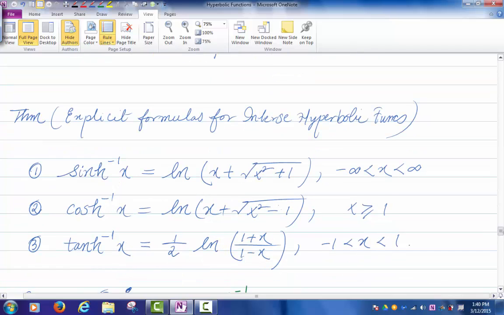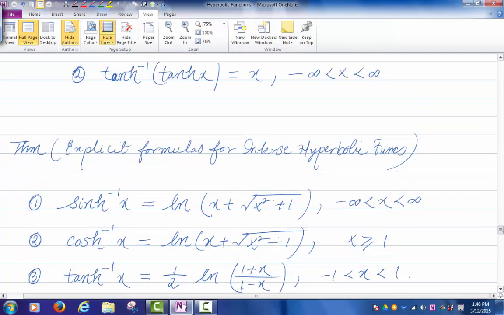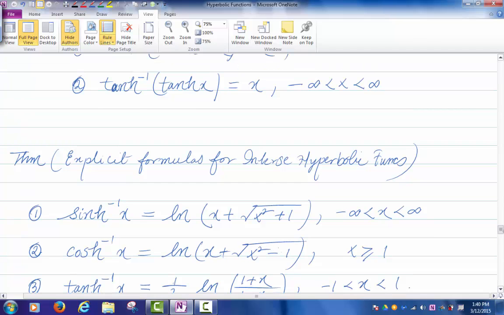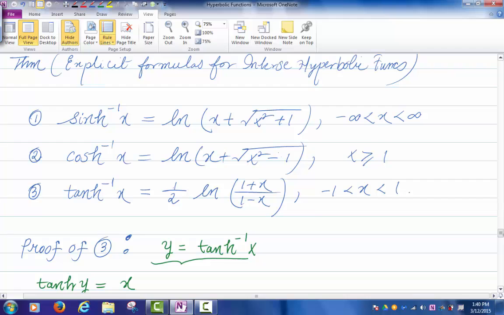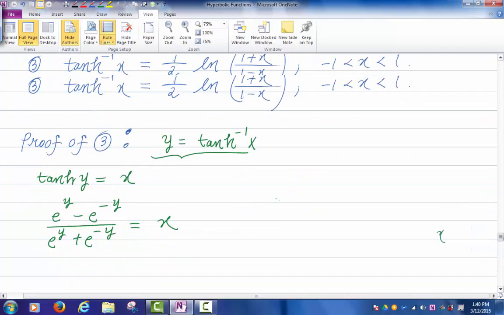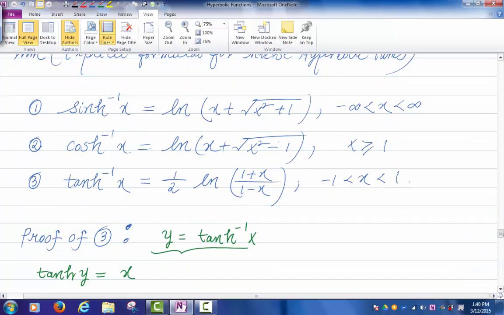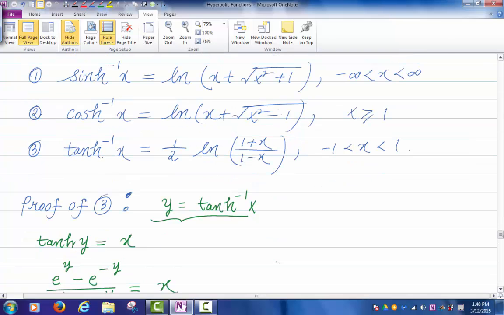Number 3 is not done in the text. It's a little bit different from the first 2, so I thought I'll do number 3. If you want to see number 1, you can look it up from the text, but they are all done in a very similar way. So let's see how we could derive number 3.